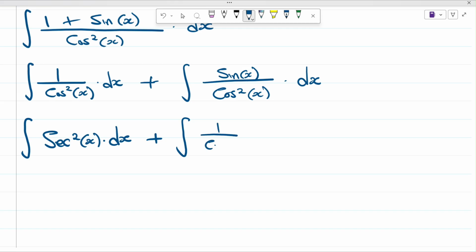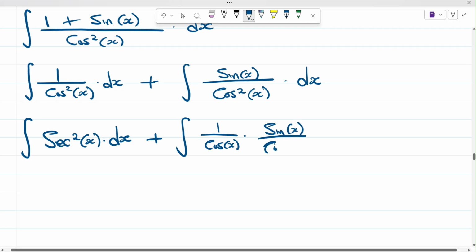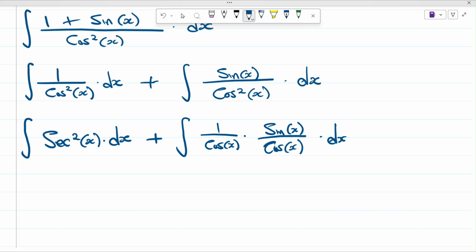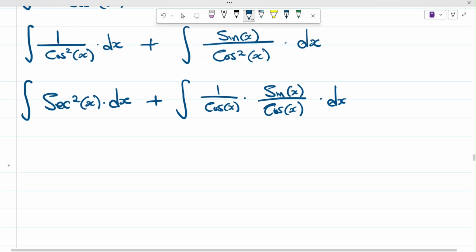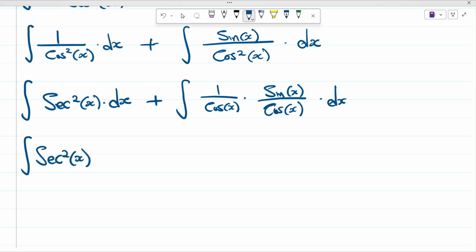And then this guy is just going to be 1 over cos of x multiplied by sine of x divided by cos of x dx, just like that. And then from there, 1 over cos, and then sine x over cos x. We can change this. Let's not integrate yet, we're going to integrate all at once.